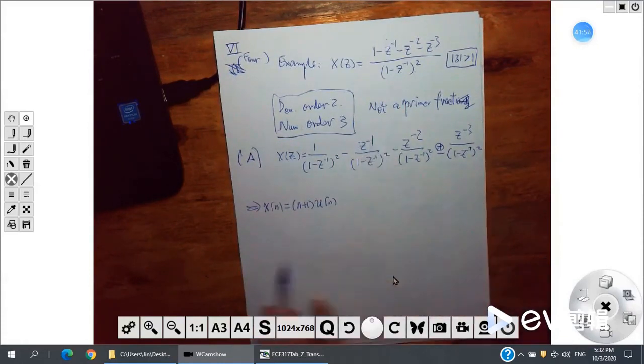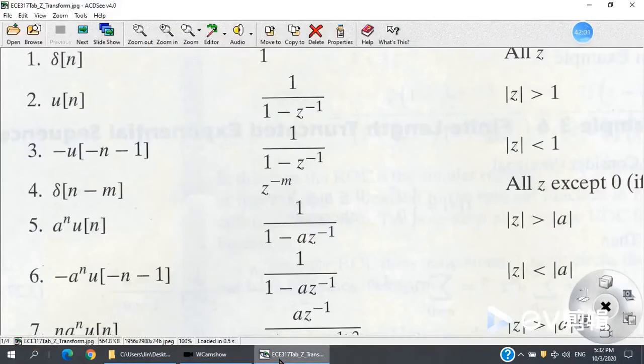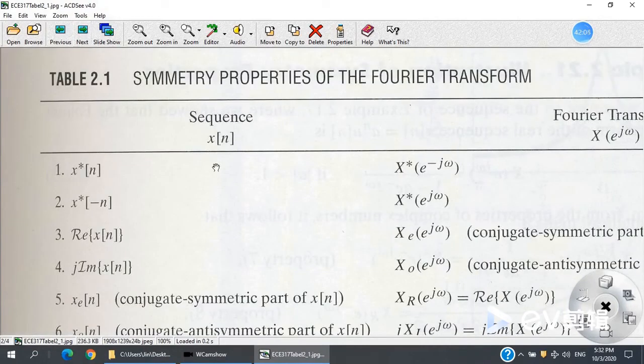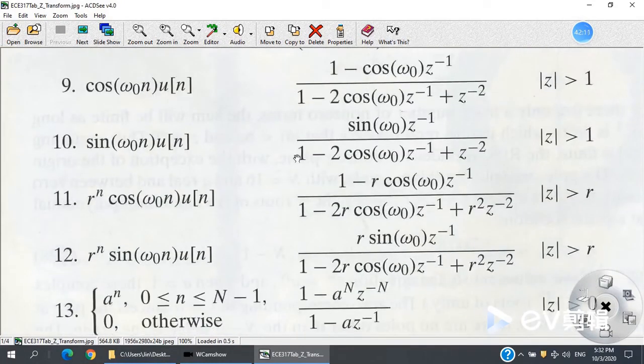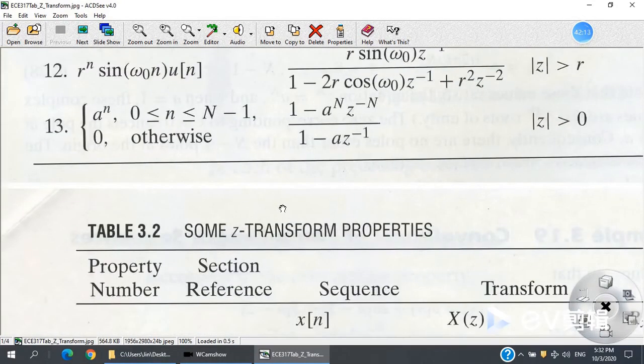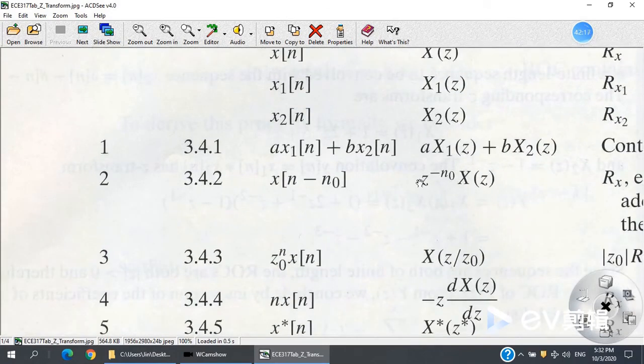We can get these by a property of the transform. You can see, this is Fourier transform, it's in the lower part. It's here. You see, it times z to negative n0 in front of x of z.